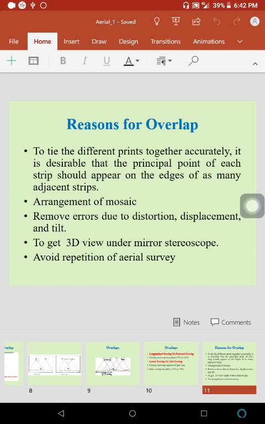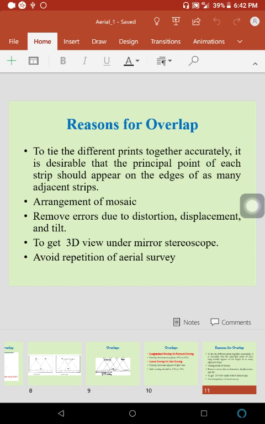Then for the arrangement of mosaics: if there are 10 photographs and you arrange them excluding the overlap, then you will get an idea of the nature of the ground. That arrangement is called a mosaic. Then the overlap is needed to remove errors due to distortion, displacement and tilt. Displacement means distortion due to relief displacement, distortion due to tilt, and distortion due to the camera lens.